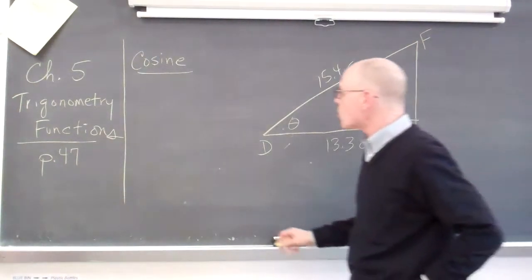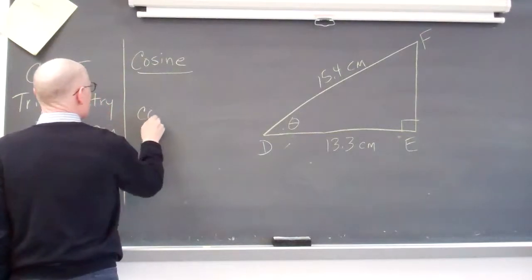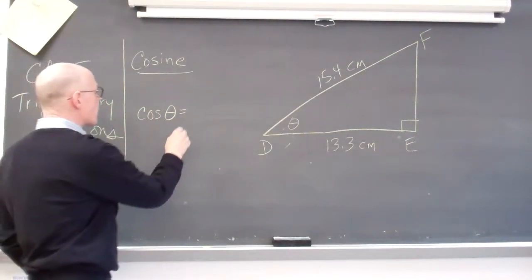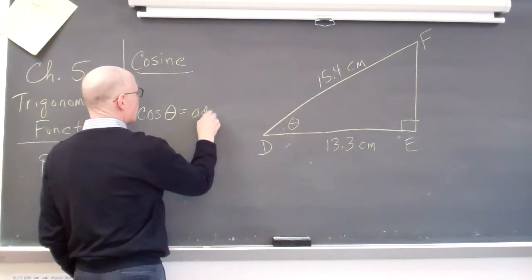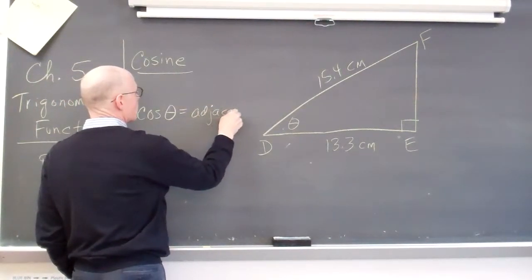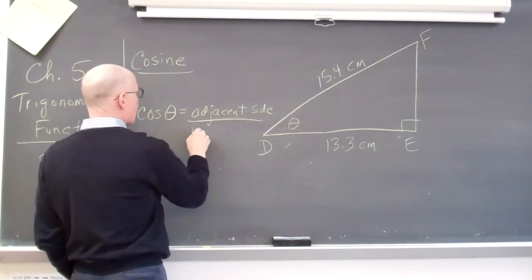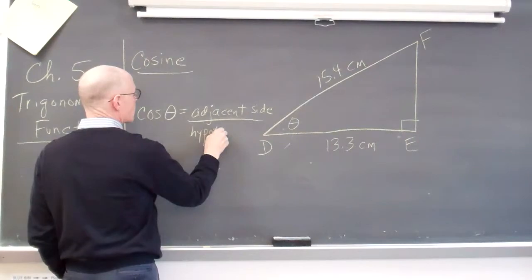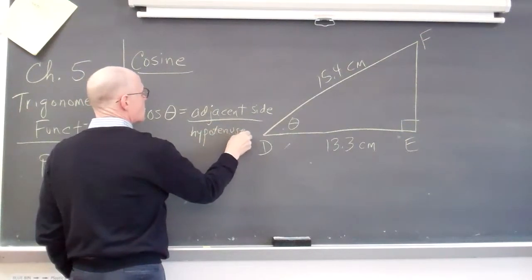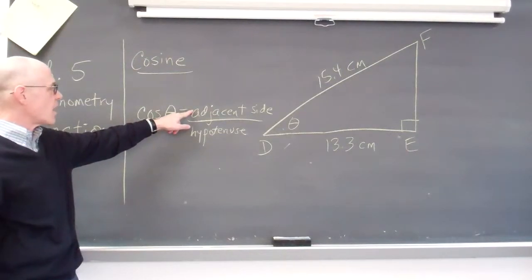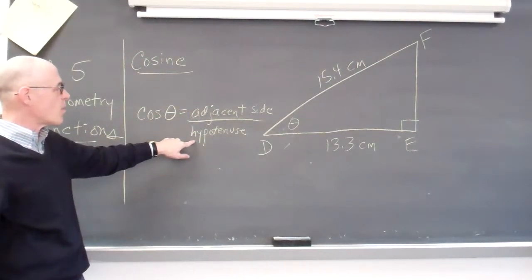In this case, the cosine of an angle is the length of the adjacent side to the length of the hypotenuse. So you remember the sine was the length of the opposite side by the hypotenuse.